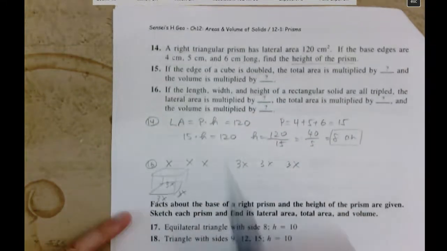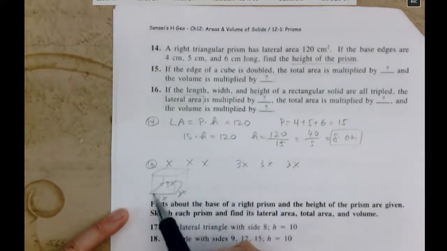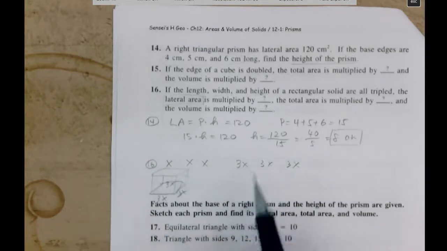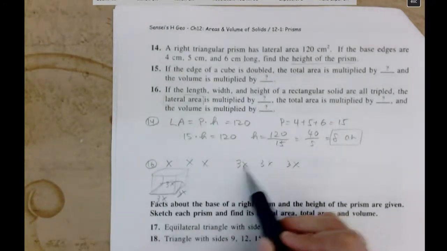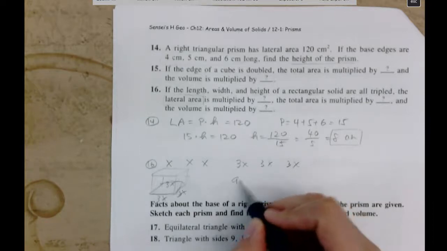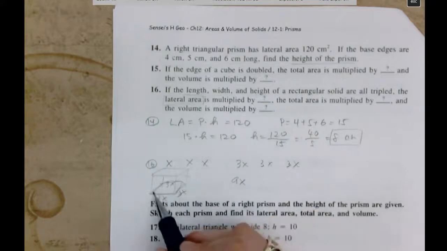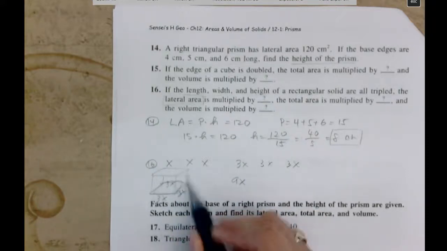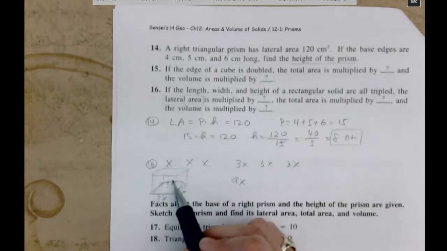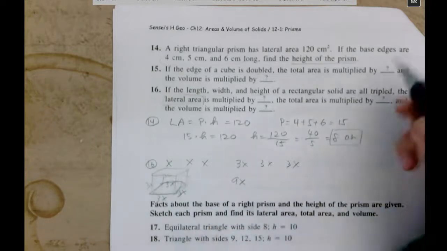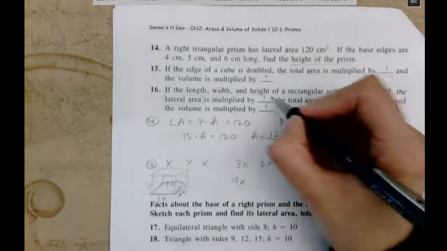Conceptually, to get an area, you're multiplying two things. 3 times 3 gives you 9, so 3x times 3x, the area is going to be 9 times as large. The side area is going to be 9 times as large, because each side is 3x. So the lateral area is multiplied by 9.